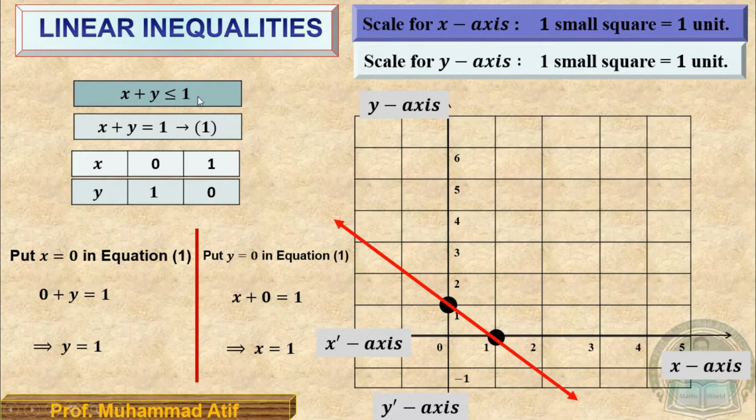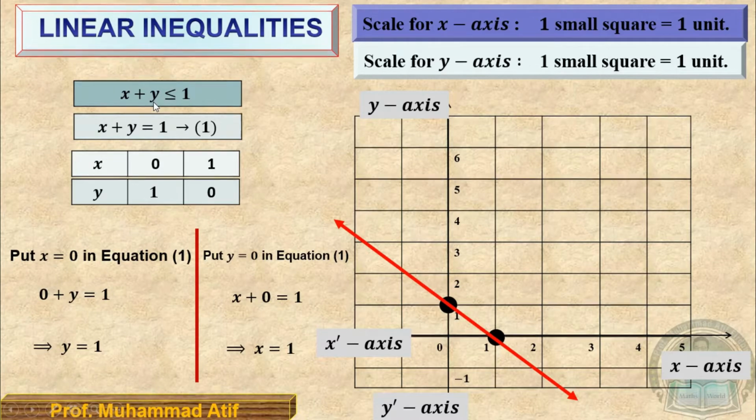In order to shade the region x plus y is less than or equal to 1, just remember the 4-line rule and the point that the coefficient of y should be positive. Here we have the coefficient of y as plus 1.